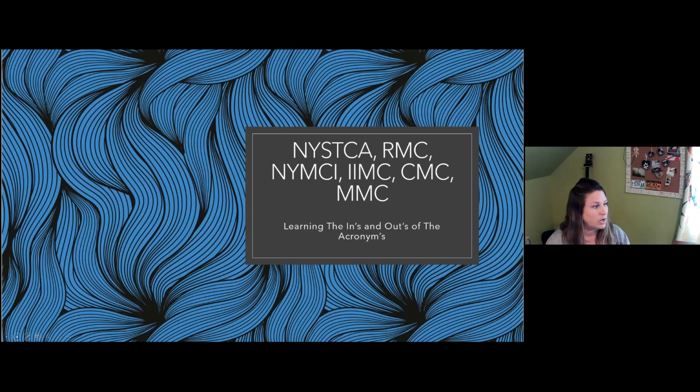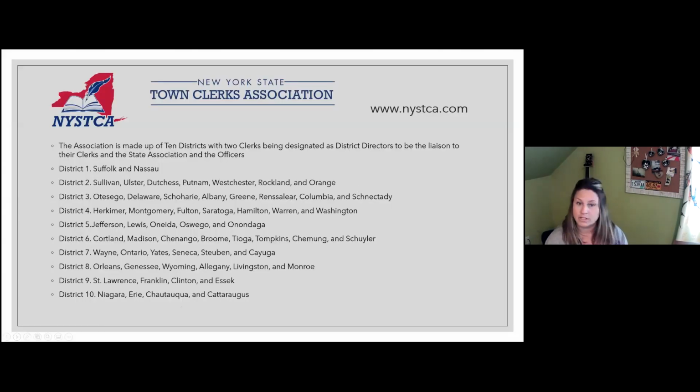So I'm going to start with the New York State Town Clerks Association. Our association is made up of 10 districts within the state. Each district has a handful of counties which it represents. Through the association, each district has been assigned 2 town clerks who represent that district, and they act as a liaison between their counties within their district and the association.